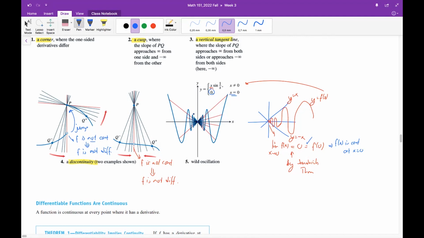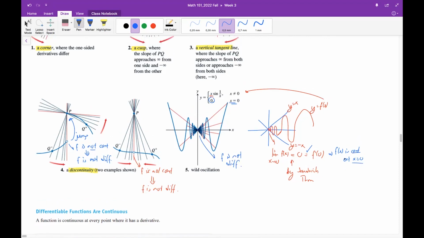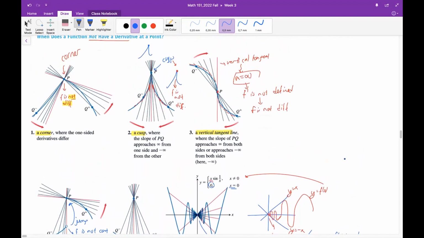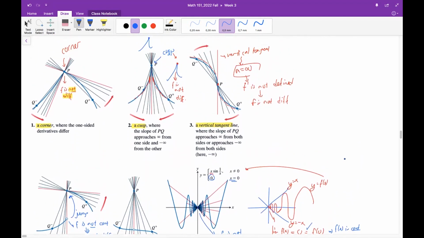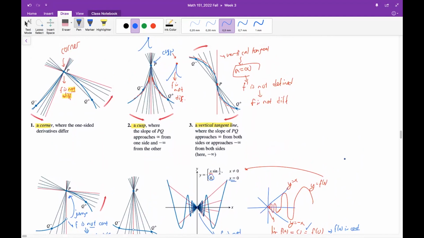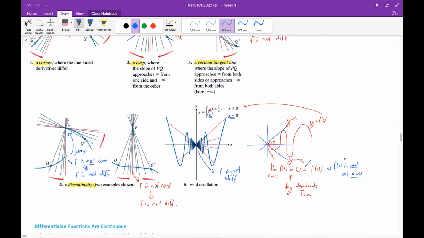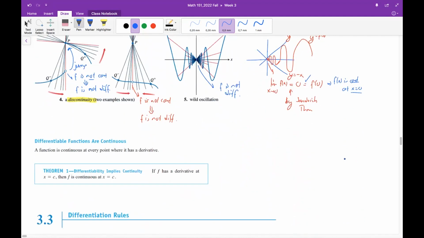It won't be possible to draw a unique tangent line because of the wide oscillation. That's why your function is not differentiable at the origin, where it is continuous, okay? So these are the 5 different cases where your function may fail to have a first derivative, okay? So these cases are important.